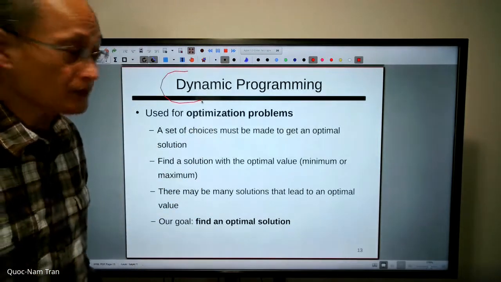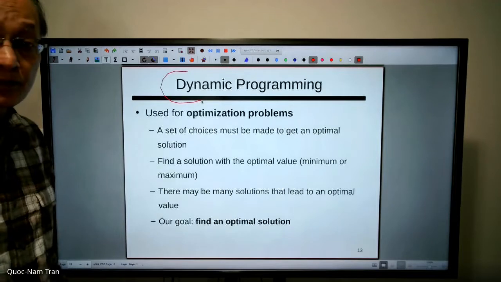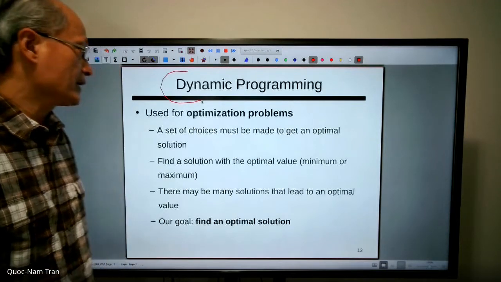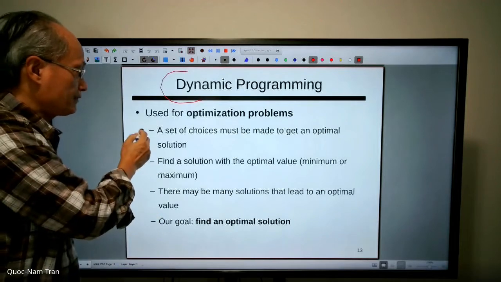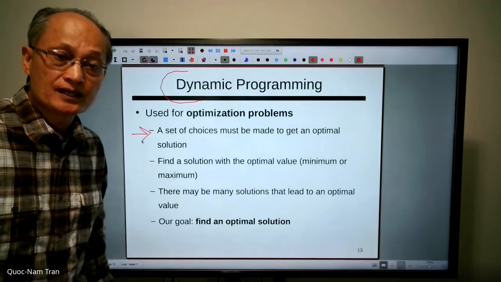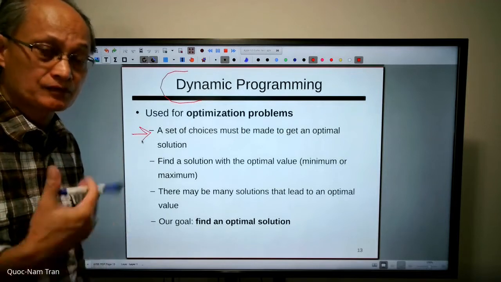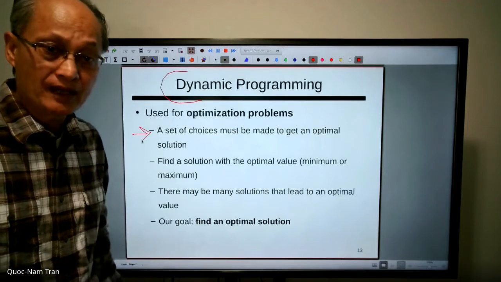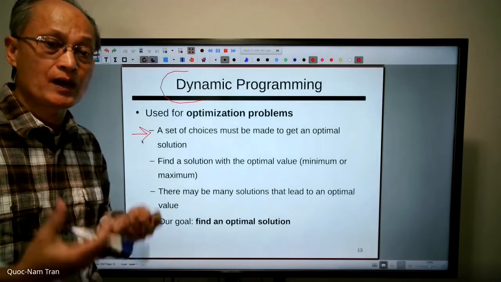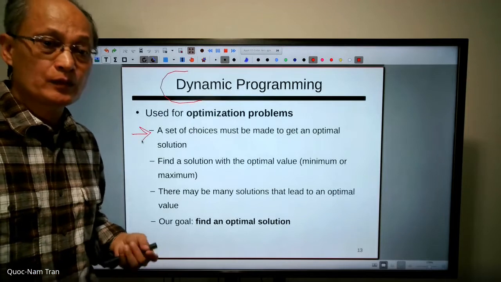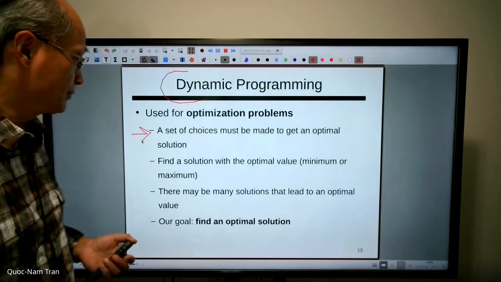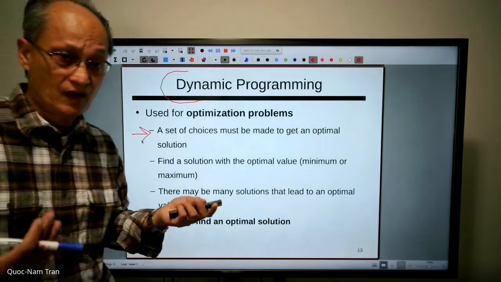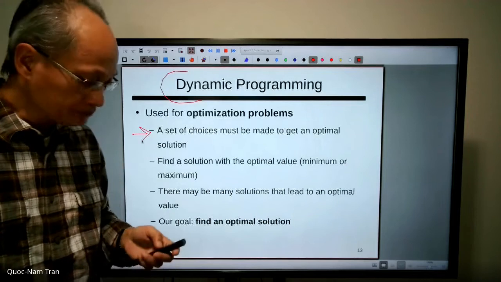Here we have a problem where we have to find an optimal solution, meaning that we will have a set of choices, and we have to write a program so that we can pick the optimal ones. Of course, there may be more than one optimal solution. At least we can find one for that purpose. So that is the overview of dynamic programming.